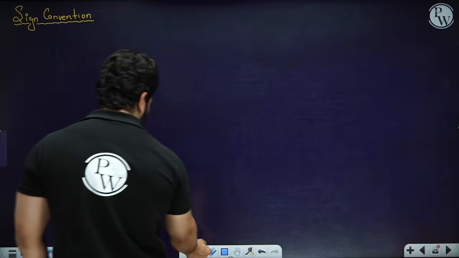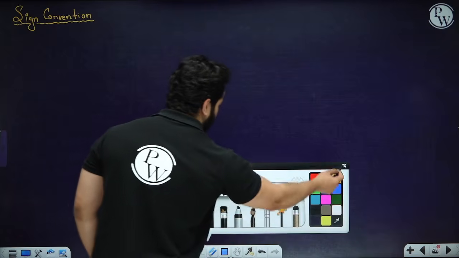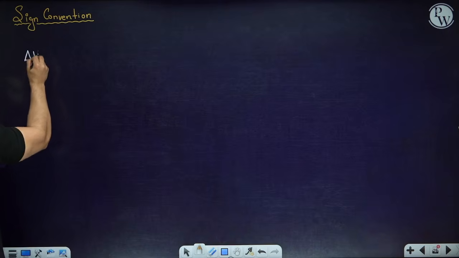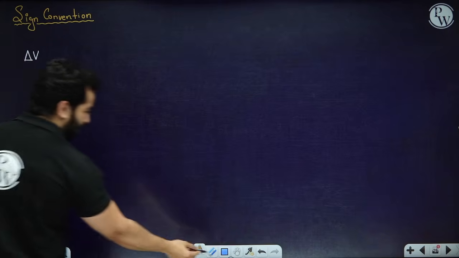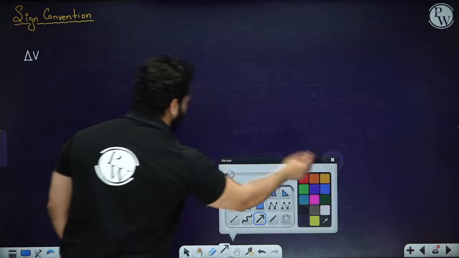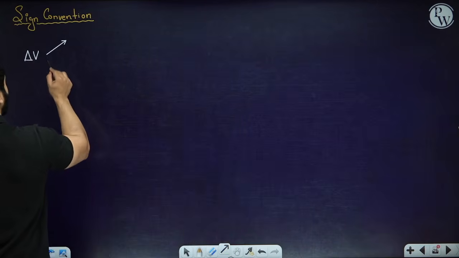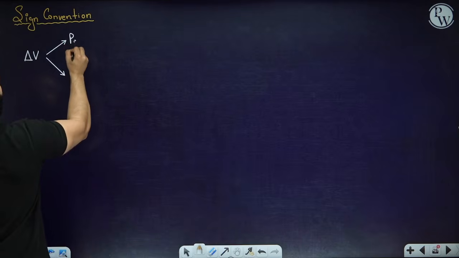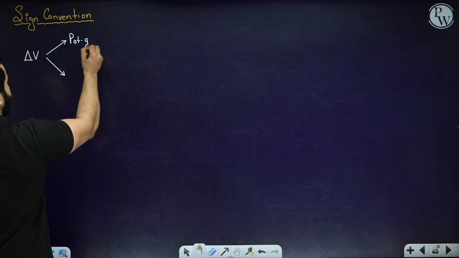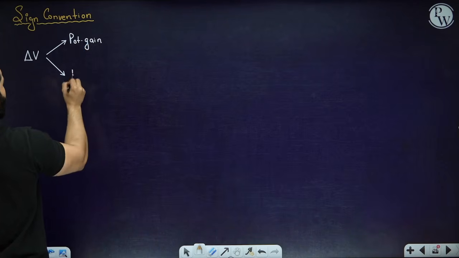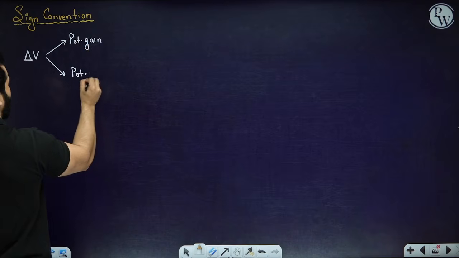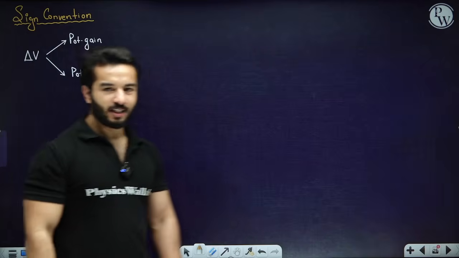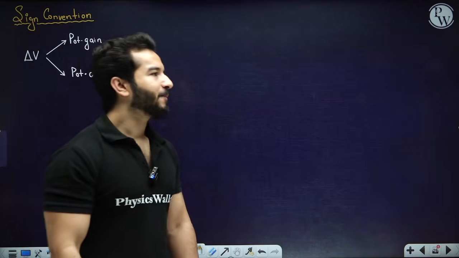So, when we talk about change in potential difference, two things can happen. Either there can be a potential gain or there can be a potential loss, or often known as potential drop. That is what potential difference basically means.